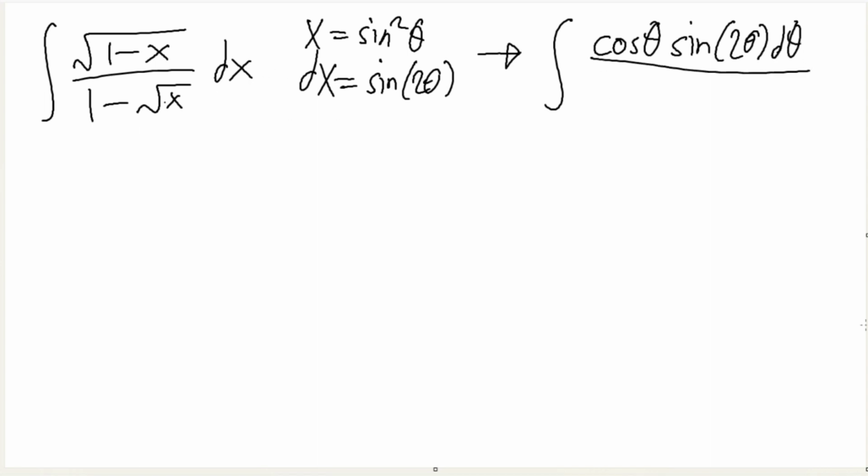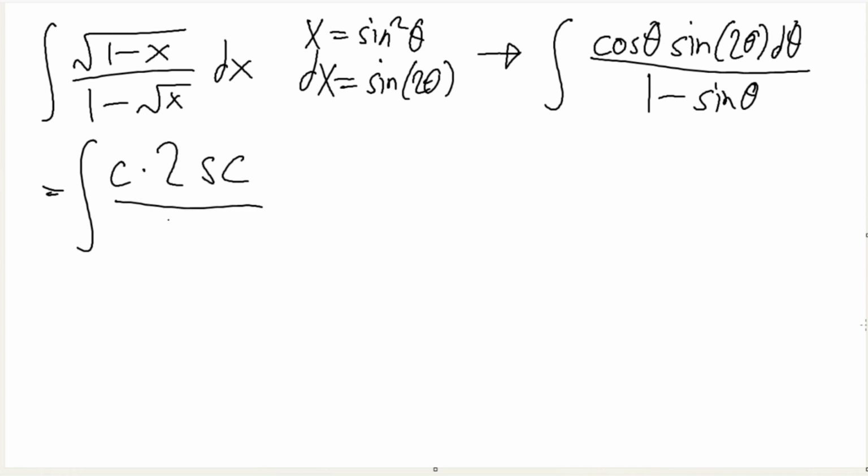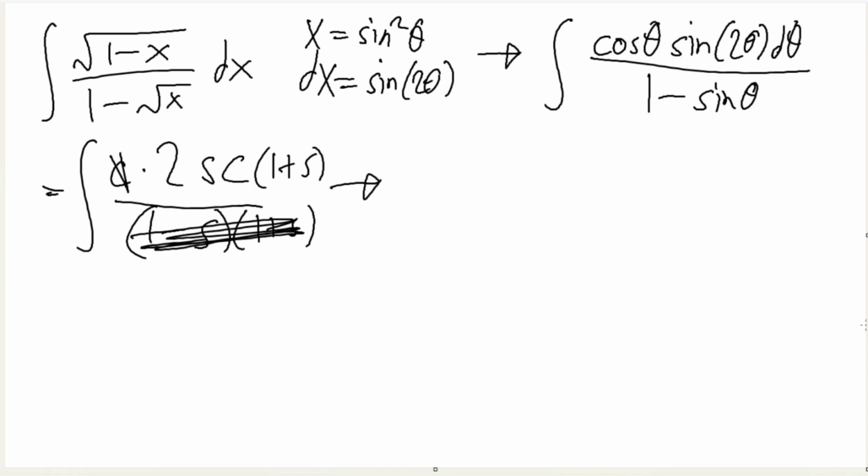And then here this would be 1 minus sine theta. I'm going to abbreviate. So 1 minus sine. I can conjugate with 1 plus s, 1 plus s. So now this gives me cosine squared, which cancels these out.